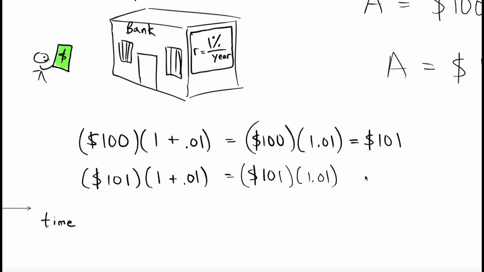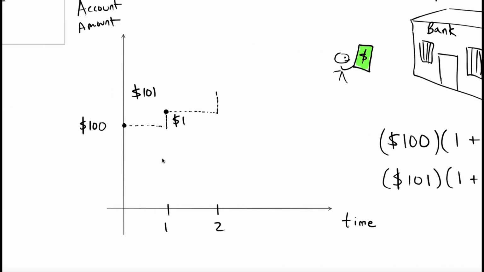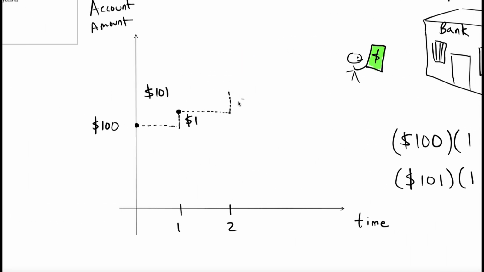So you get 101 times 1.01, which gives you 102.01. So they have now given me $1.01, taking me to a grand total of 102.01.